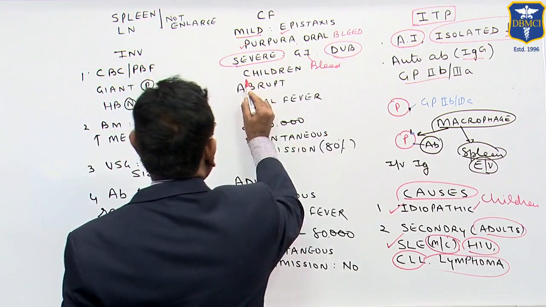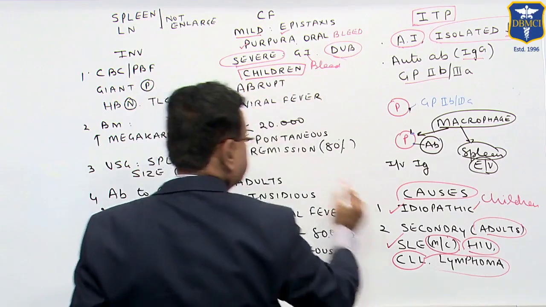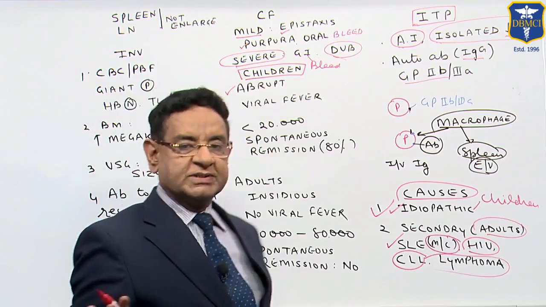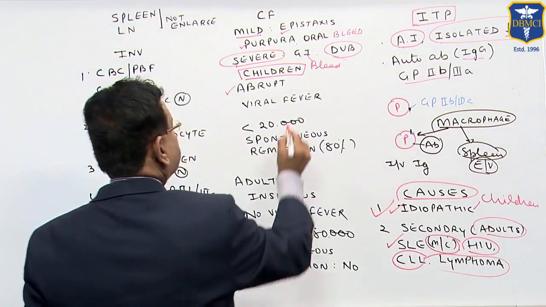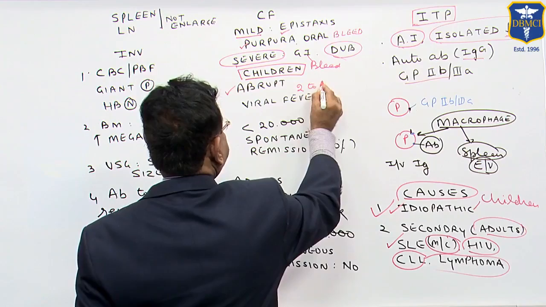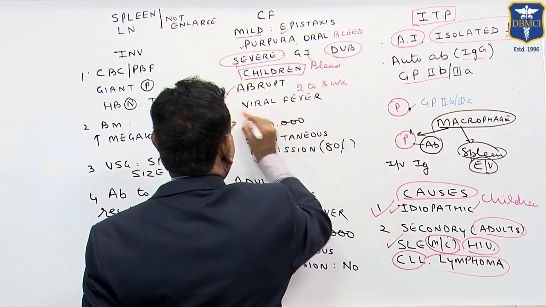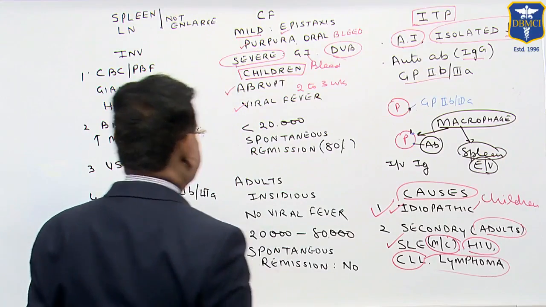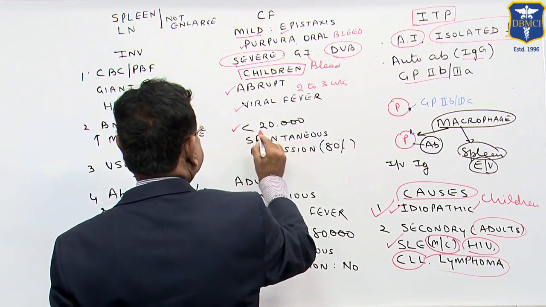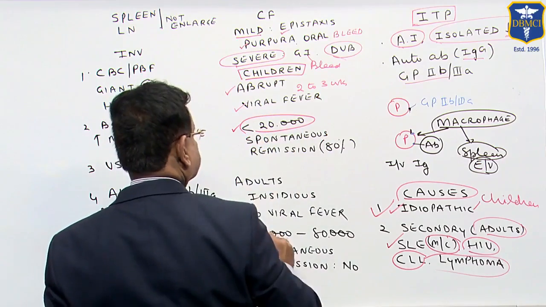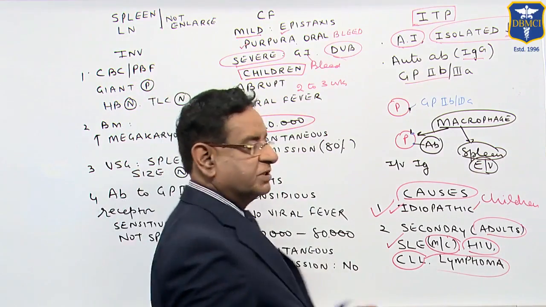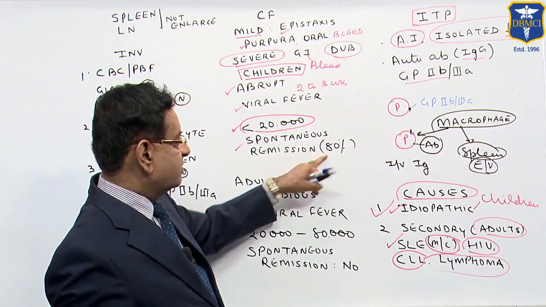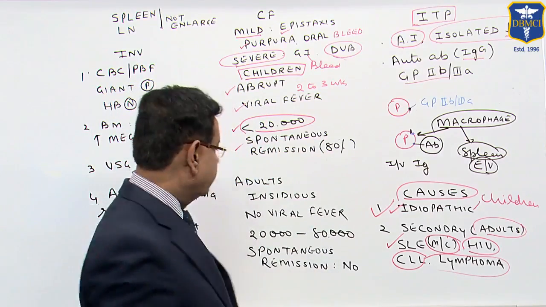Now, in children, what I told you is usually idiopathic. It is usually of abrupt onset, usually 2 to 3 weeks after viral fever, and the platelet count may go as low as below 20,000, but spontaneous remission can occur in around 80% of the cases in children.